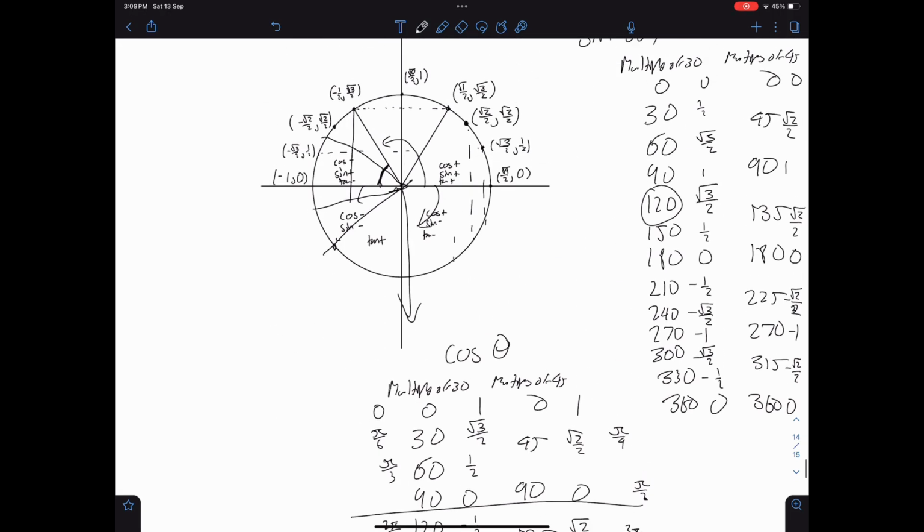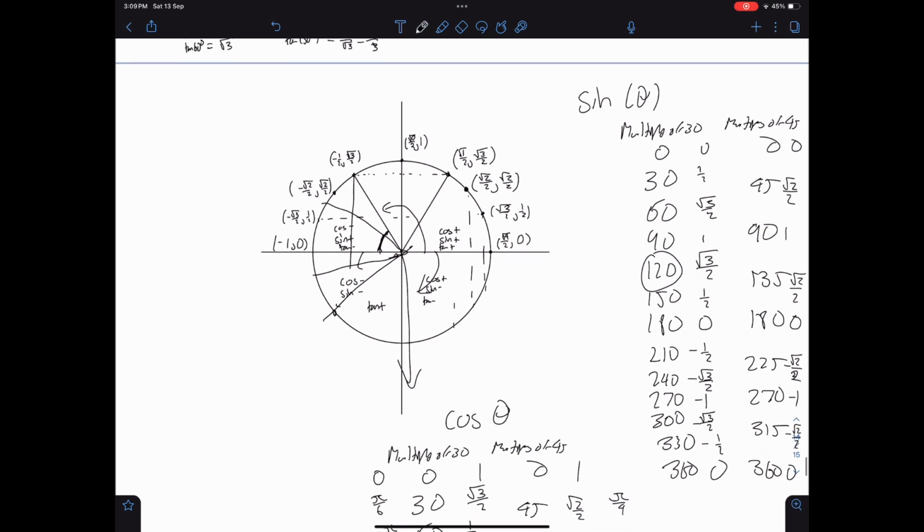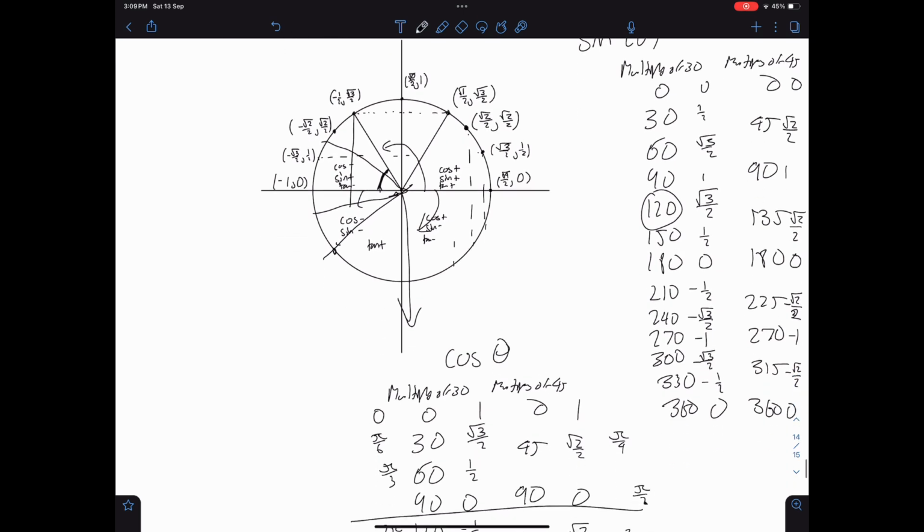Now for tan, if we go over the values for tan, remember that in quadrant 1, it goes for 0, 30, 45, 60, 90.